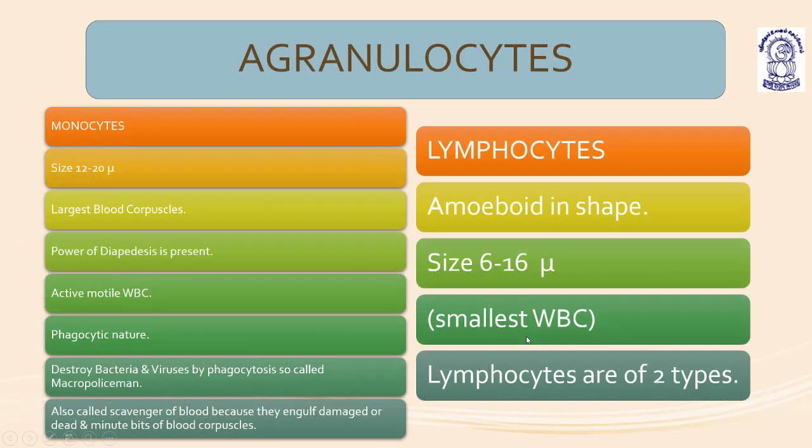Then agranulocytes. Agranulocytes mean they don't have granules. Example, monocytes and lymphocytes. Understood? So monocytes are the largest of all types of leukocytes. Monocytes are the largest blood corpuscles, size 12 to 20 microns. Power of diapedesis is present just like neutrophils.